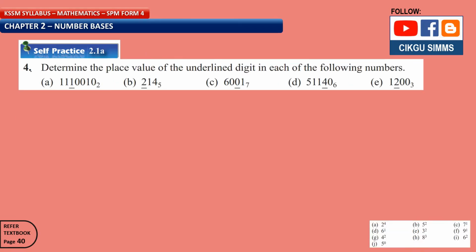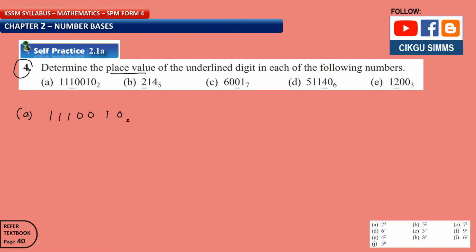So let's move on to question 4. Determine the place value of the underlined digit in each of the following numbers. Okay, so let us do number 1. 1110010 base 2.